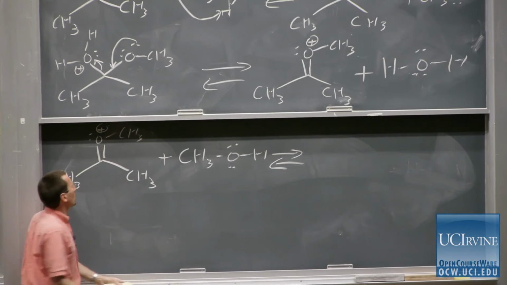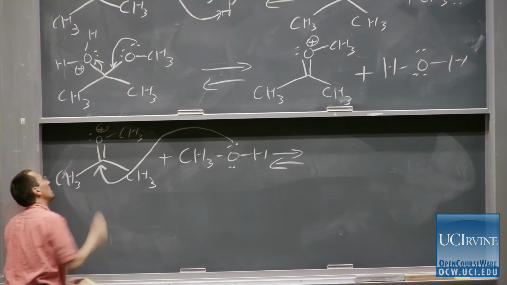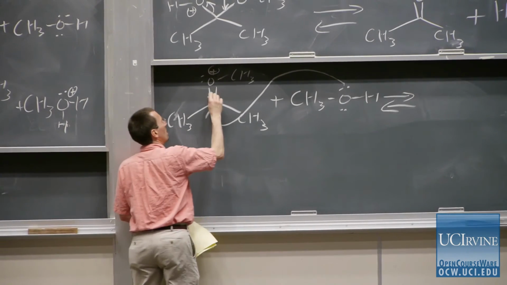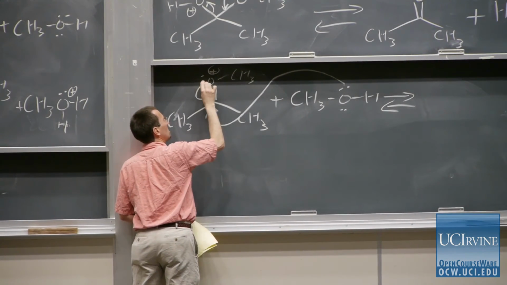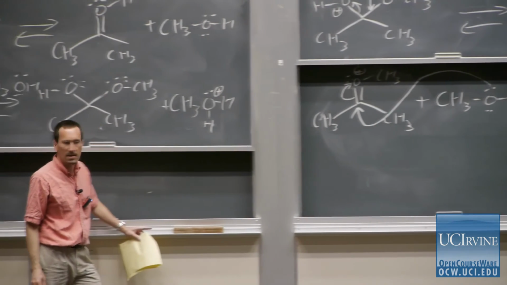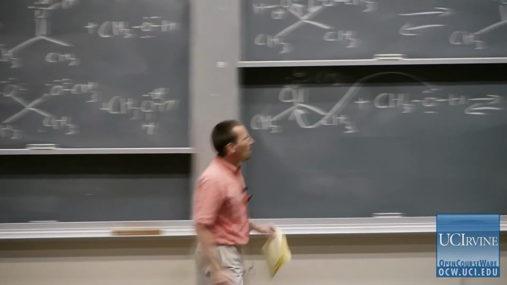Again, electrons flow from the species with electrons to the species that wants electrons. We push up electrons onto the oxygen. Doesn't matter which way I push them, to the left or to the right, as long as they go from the pi bond onto the oxygen.